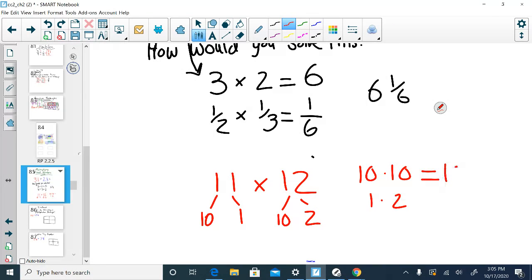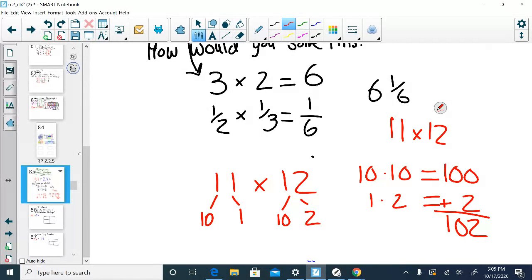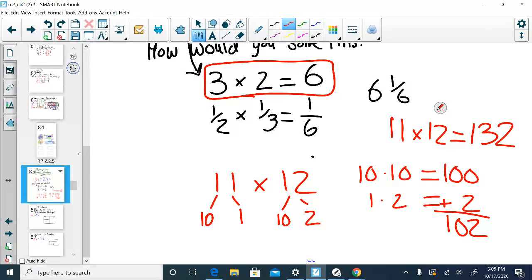Because then I would get 100, and here I'd get 2. And if I added those together, I would get 102. But we know that 11 times 12 actually equals 132. And so this idea of breaking it into its pieces and just multiplying the whole numbers and then multiplying the fractions together, that's not going to work for us.